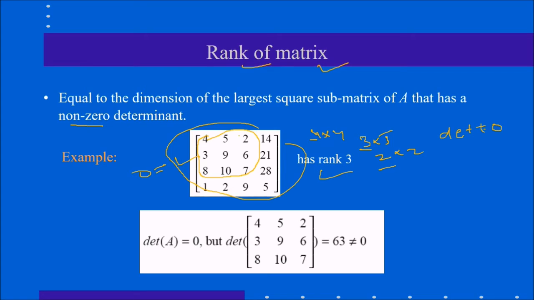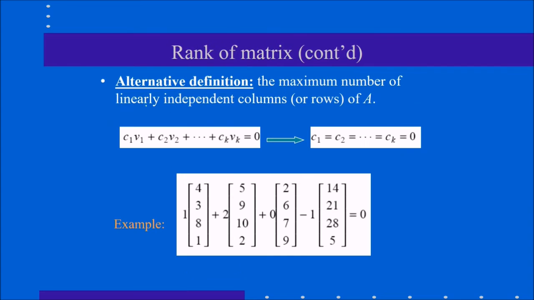But when we find the determinant of this 3 by 3 submatrix, we find that 63 is not equal to 0. So if the determinant of a certain 3 by 3 submatrix is not equal to 0, we say that the rank is 3.